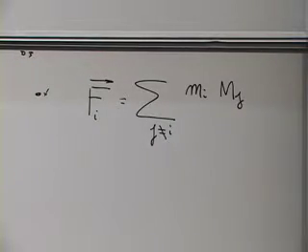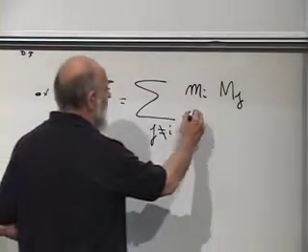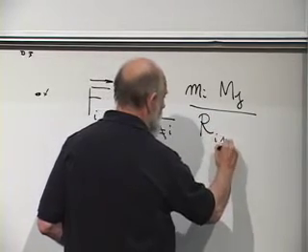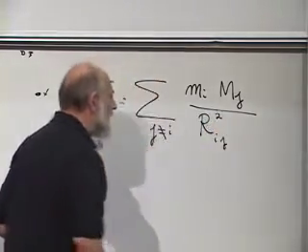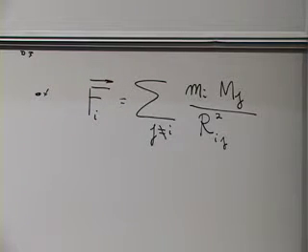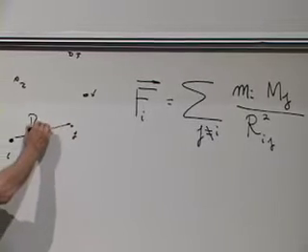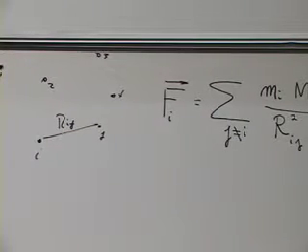Product of the masses divided by the square of the distance between them. Let's call that R ij squared. The distance between the ith particle and the jth particle is R ij.